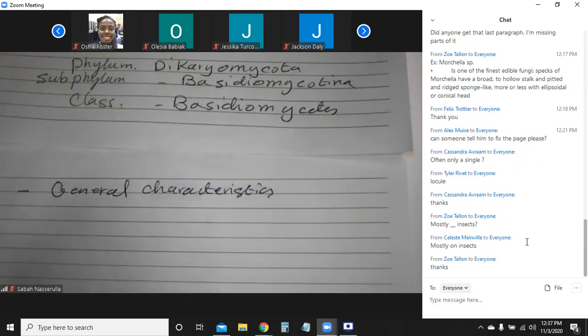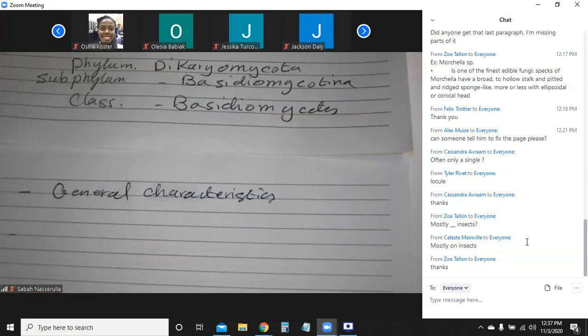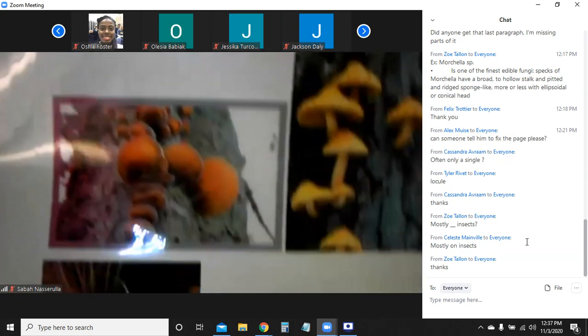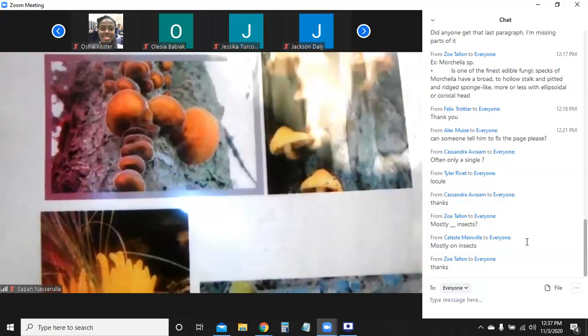As I mentioned to you, this group produces all these kinds of fungi here, like this one. It's a very large group.